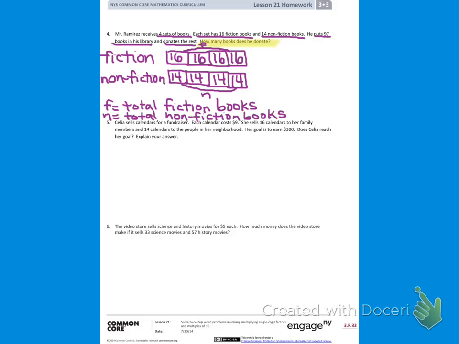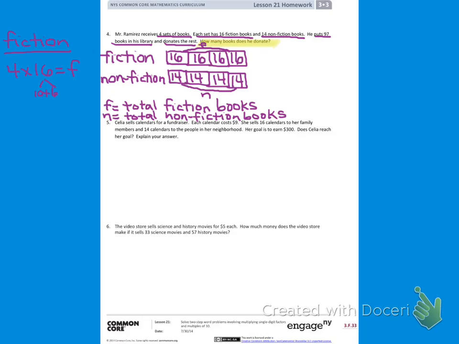Now let's figure out how many fiction books that Mr. Ramirez received. I'll label this section fiction. Well, there are 4 groups of 16 equals F. I can decompose the number 16 to be a 10 plus a 6.